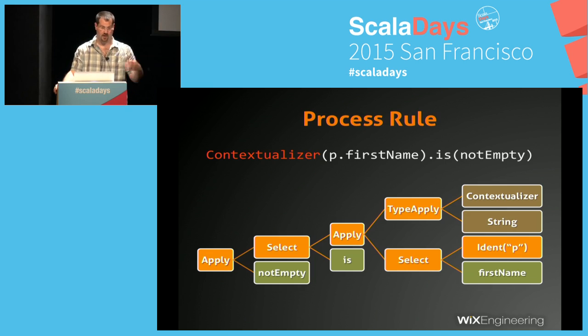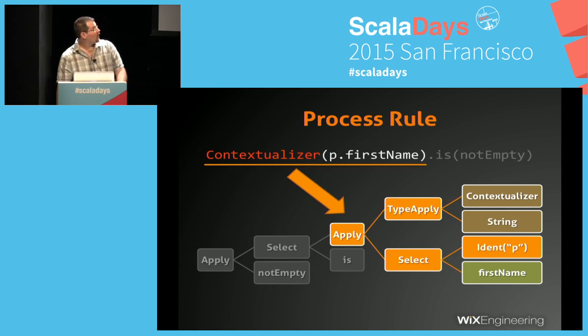So it takes in the contextualizer type, and it takes in p.firstname, or the tree that represents p.firstname, and it builds that into something. And then it applies the is method on top of that. So all of this winds up being a tree. And I can use that tree structure to start breaking apart the validation rule and extracting useful information from that.